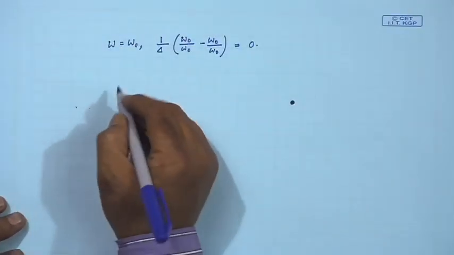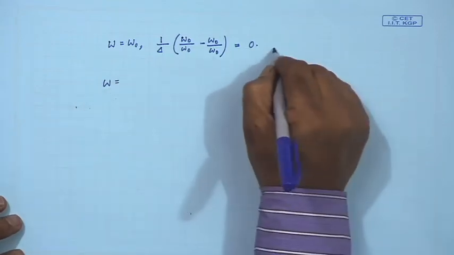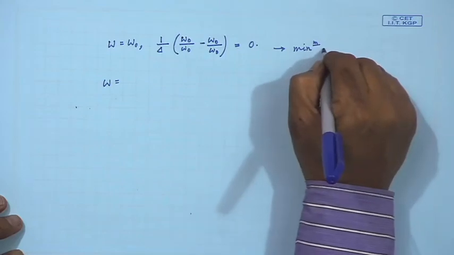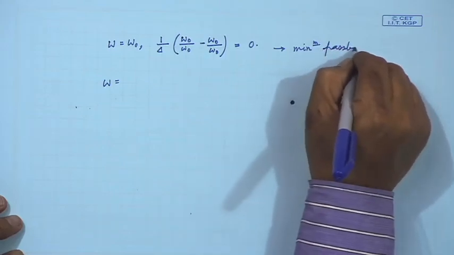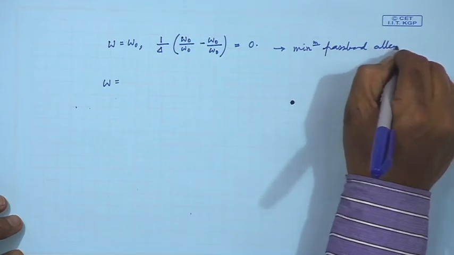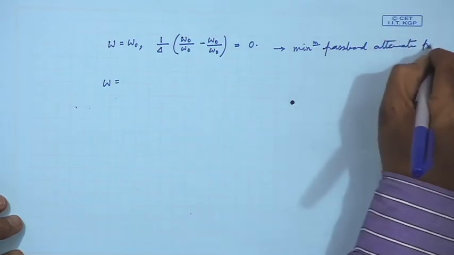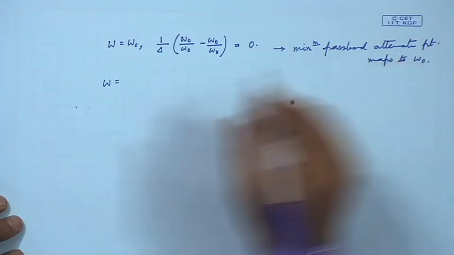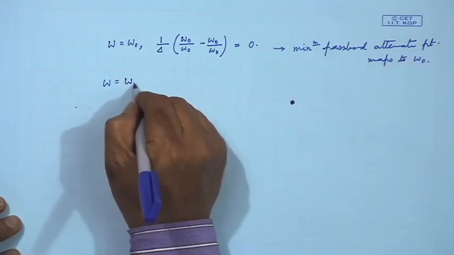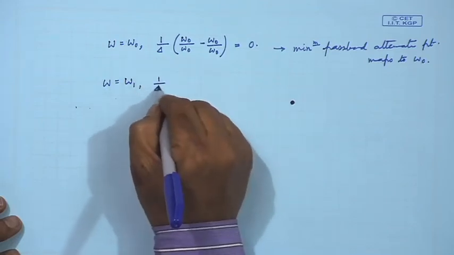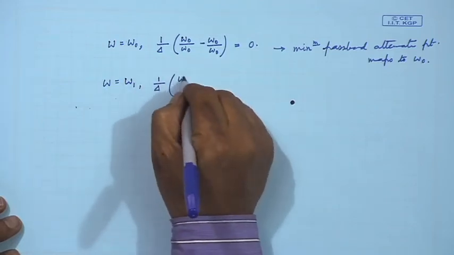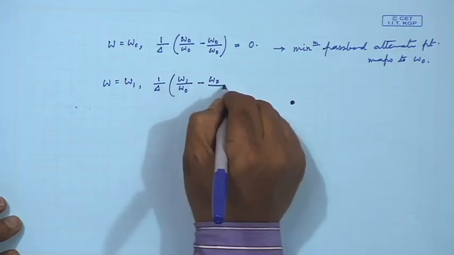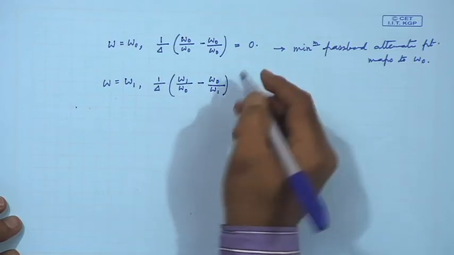So, I can say that this minimum passband attenuation point maps to this omega naught point here. Now, when omega is equal to omega 1, what happens? 1 by delta, then omega 1 by omega naught minus omega naught by omega 1.